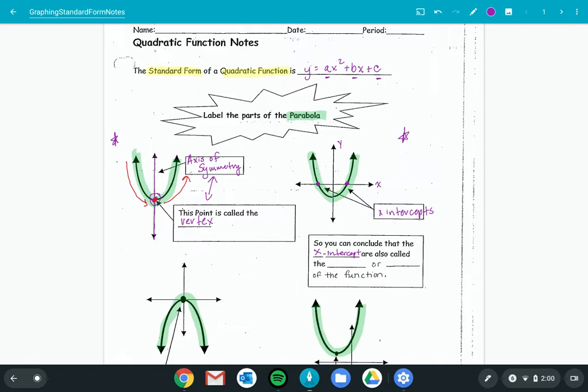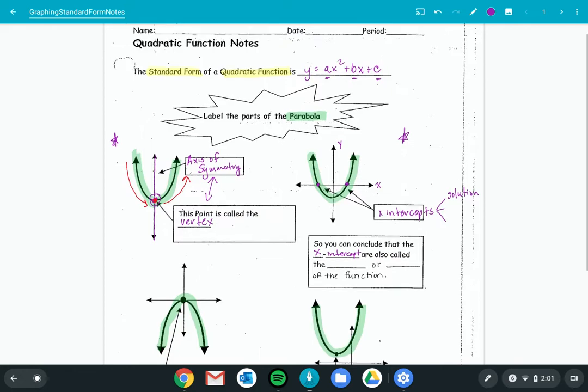An x-intercept actually has a couple of different synonyms or different names that mean the same thing, in particular 3. An x-intercept is what you guys have been finding, which is also known as a solution. What we've said way back in the day is they're also known as zeros of the function. And another word that you'll see used is something called roots.